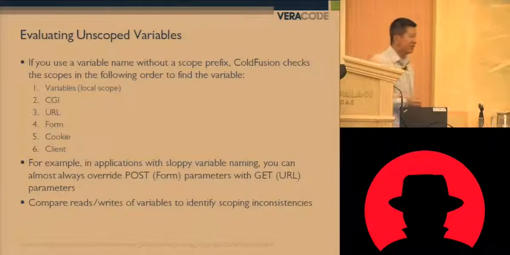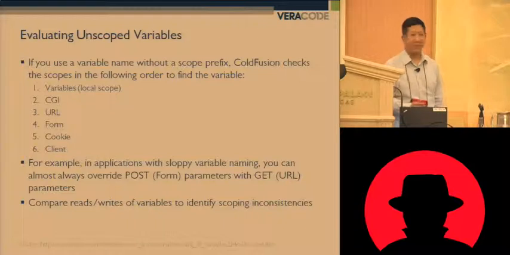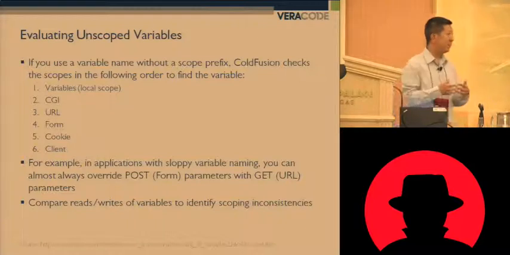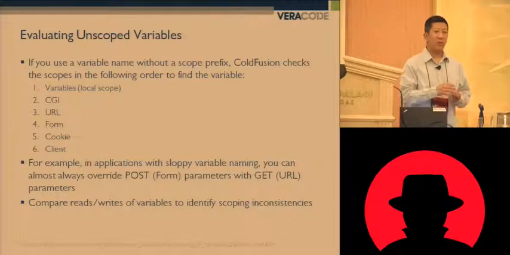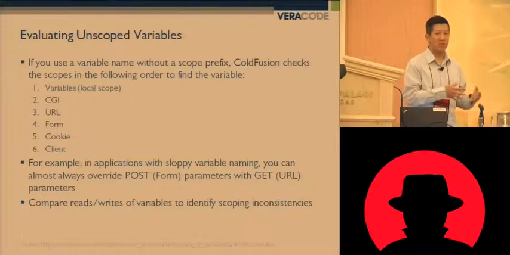So one thing that you should do if you're developing an application, or if you have access to the code for an application that you're reviewing, is look for any scoping inconsistencies. What I mean by that is, number one, any case where unscoped variables are used, but more importantly, any case where there's a mismatch between places where scoping is used and is not used.